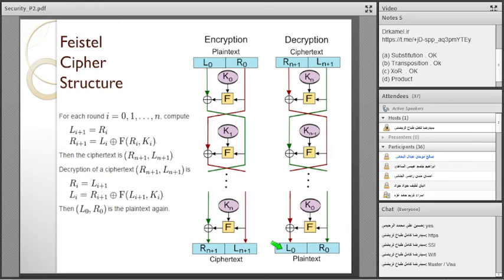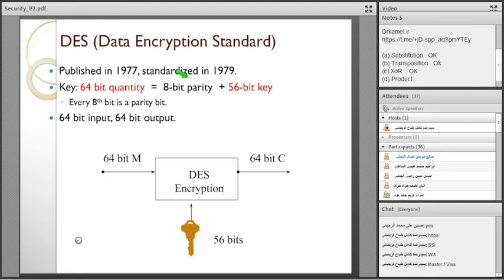What are they used for? Hash functions are based on DES. You know HTTPS? HTTPS is based on AES. You know SSL? SSL is based on AES. And Wi-Fi passwords are based on AES.